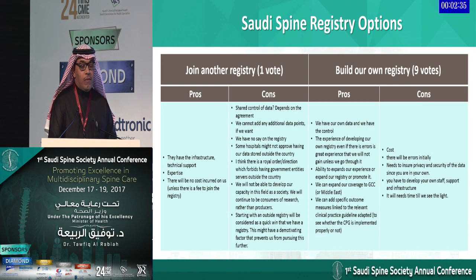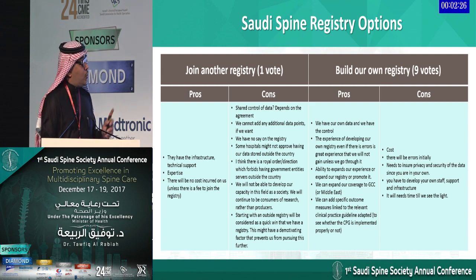We thought, if there are lots of registries out there, do we need to develop our own, or should we join existing registries? So out of the 10, one voted for joining another registry, and 9 of us voted for building our own registry. And these are the pros and cons.